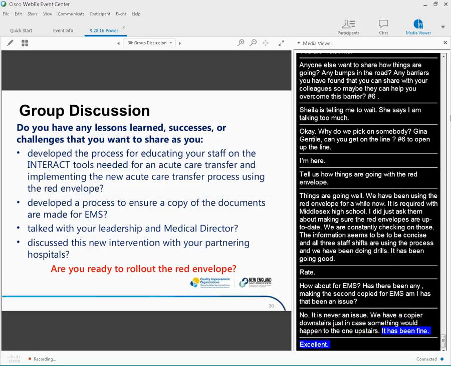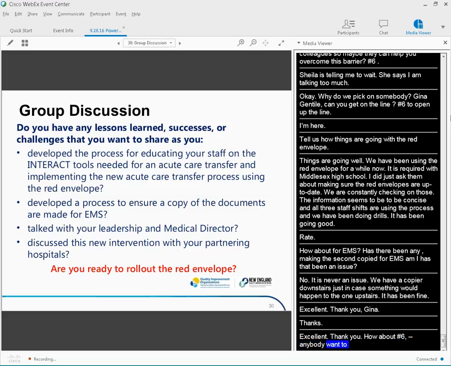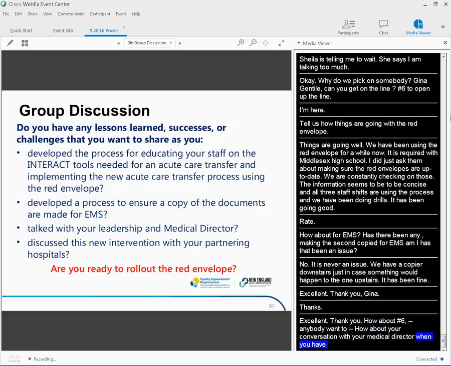How about pound 6? Does anybody want to share? How about your conversation with your medical director when you started using the SBAR tool, or starting using the acute care transfer, the red envelope? Any feedback from your medical director?